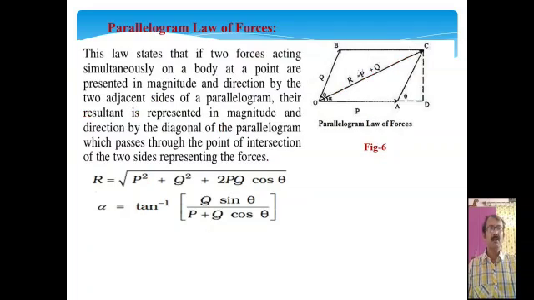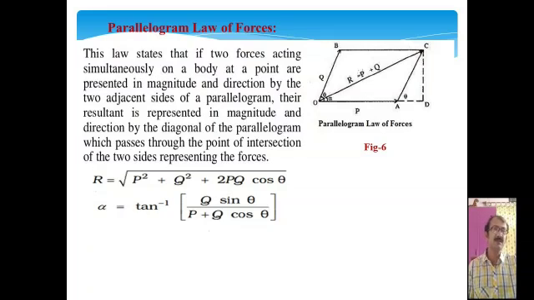Now, the parallelogram law of forces. This law states that if two forces acting simultaneously on a body at a point are represented in magnitude and direction by the two adjacent sides of a parallelogram, their resultant is represented in magnitude and direction by the diagonal of the parallelogram which passes through the point of intersection of the two sides representing the forces.